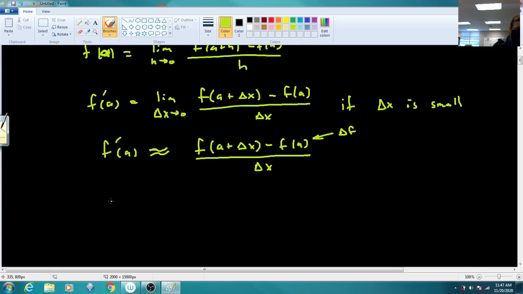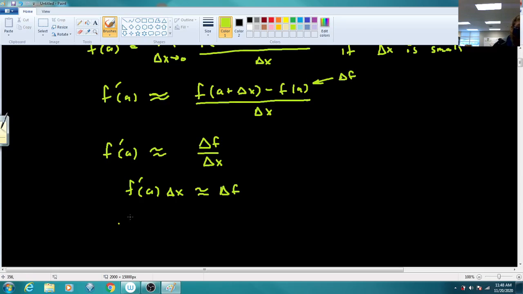So what we get is f prime of a is about equal to delta f over delta x. We can multiply the delta x across and get f prime of a times delta x is about equal to delta f, which gets ourselves this equation. Delta f is about equal to f prime of a times delta x.